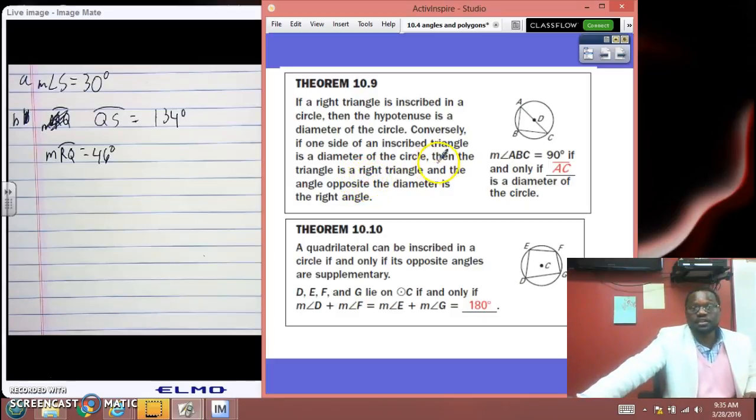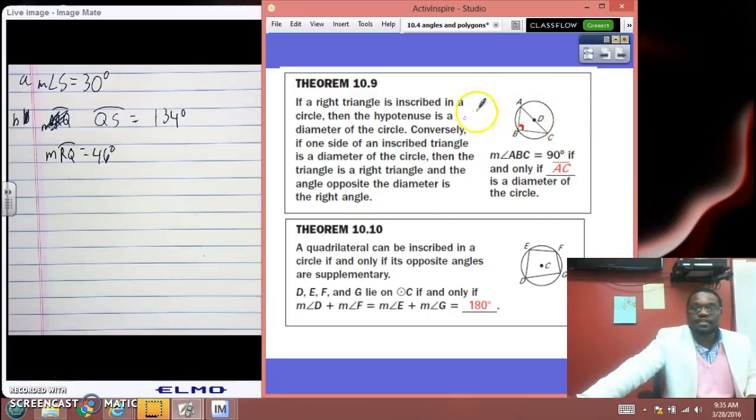So in English, if B right here is 90 degrees, then the intercepted arc has to be the diameter. The endpoint here has to be at the end of the diameter of the circle, which means the intercepted arc is going to be 180, which makes sense. If this is 90, then arc AC is a semicircle, which means it's 180 degrees.